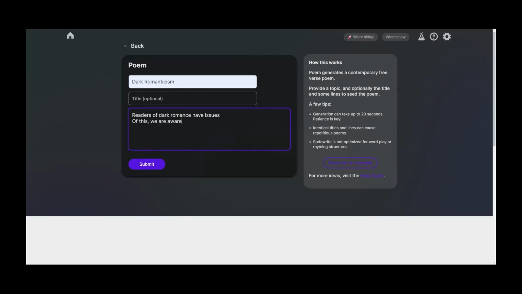Let's see. Inners of dark romance have issues. Of this we are aware. You know who the real hero is. This is going to be horrible.